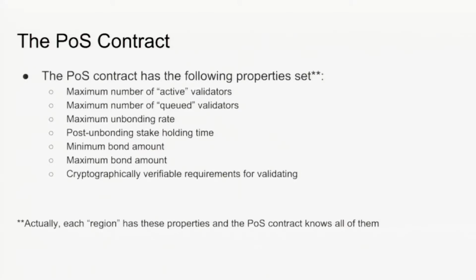We can talk about that at the breakout session. But if you immediately get your money back, you have the opportunity to start lying, and they can no longer slash you. So you can produce alternate histories. So the proof of stake contract sets all of these things: bonding, unbonding, the delay, and slashing.